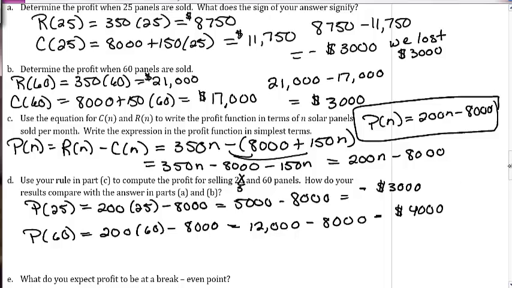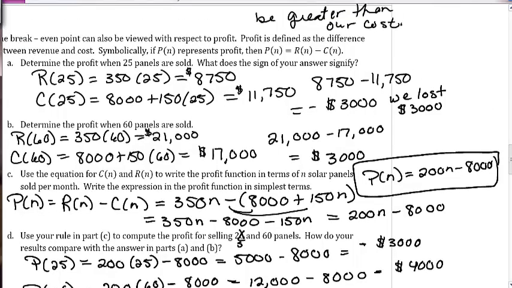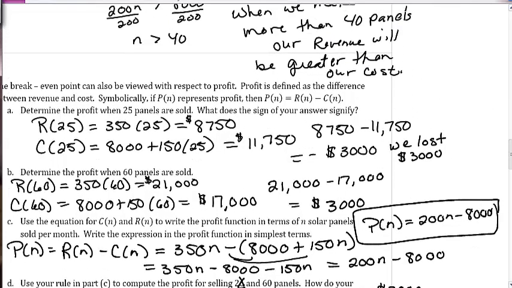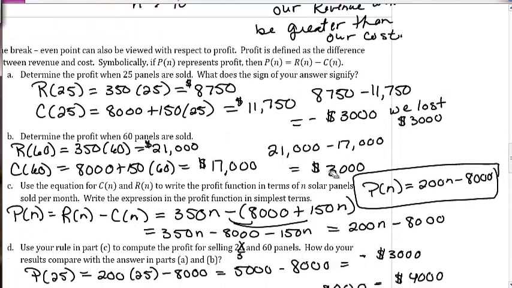And did I use, what did I do wrong? Oh, well, I just subtracted wrong. That should have been $4,000.